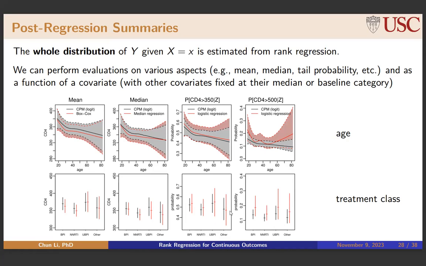Again, for logistic regression, the confidence band is much wider than for rank regression. For the other two, they seem similar, slightly wider but more similar. So we can do quite a lot of post-regression summaries because the whole distribution has been estimated.